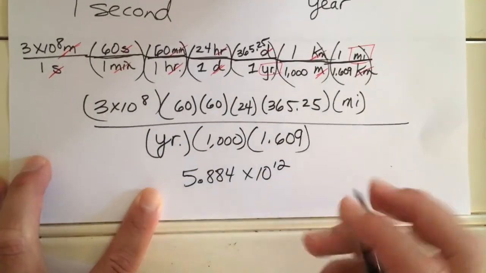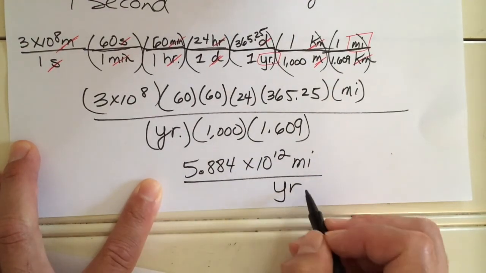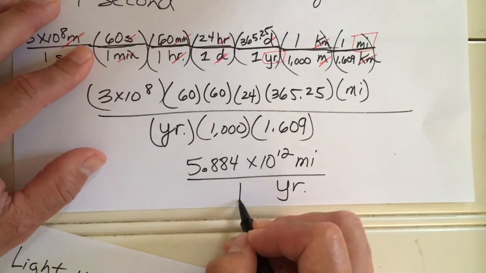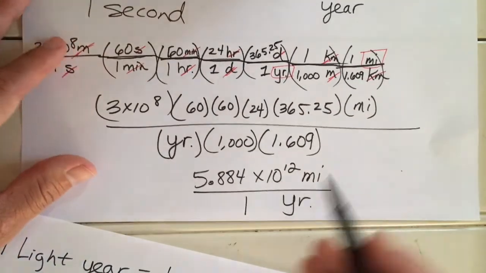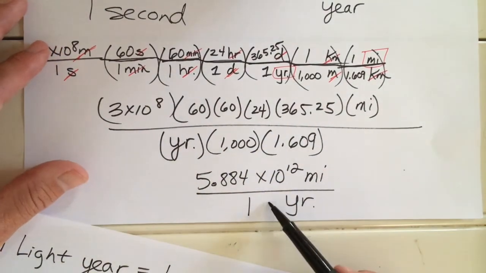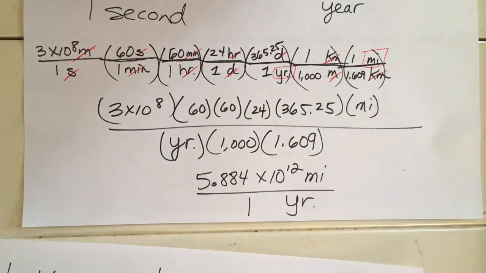And that's going to be miles per year, right? But don't forget on the bottom, when we write that year down there, there is a 1 there, because we took this number and this number and divided by this number, and it leaves us with a 1 on the bottom. So that's how many miles are in 1 year, and that's it.